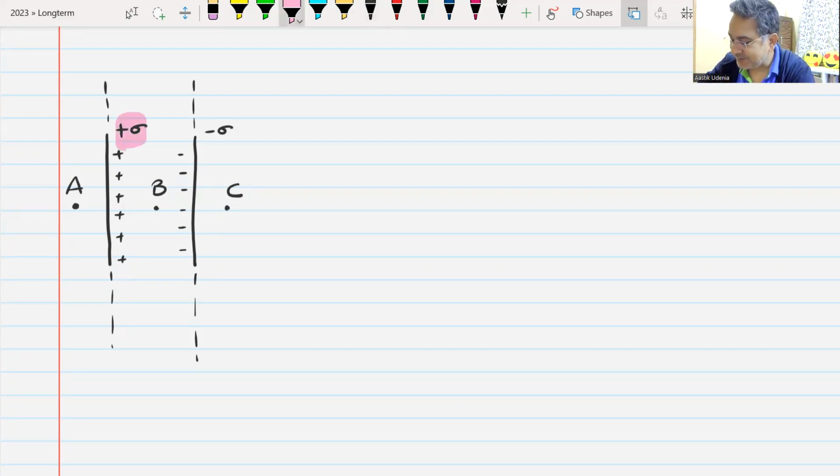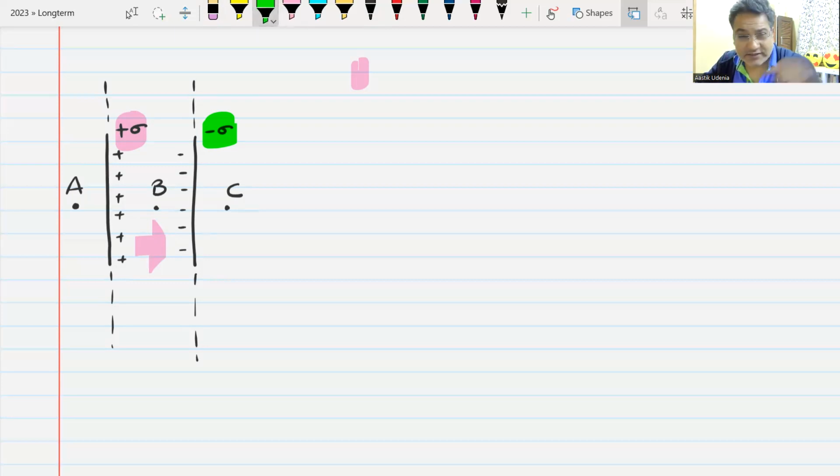If I call this one the pink charge and this one the green charge, the electric field at point B or any point in between due to the pink charge will be going like this, yes or no?